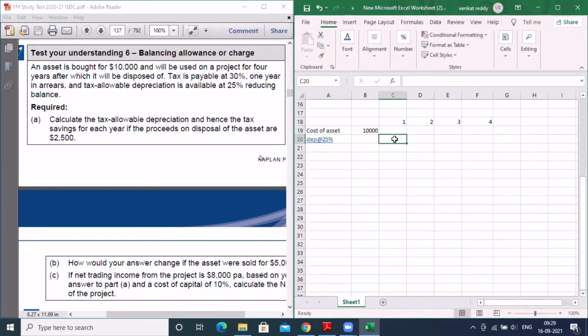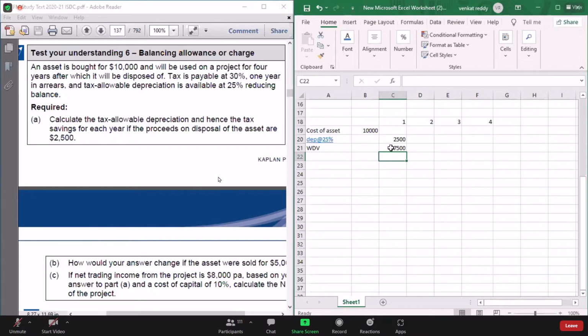So here you can see 10,000 into 25%, so 2,500. So the written down value, that is cost of asset minus depreciation, will be 10,000 minus 2,500. So finally the written down value is 7,500. I hope it is clear. Is it clear?